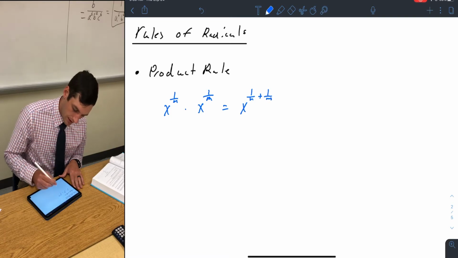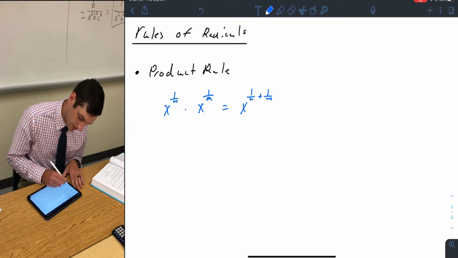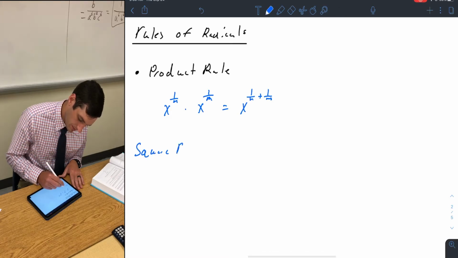Now, let's think about this as square roots. We'll just say square root, because most of what we'll deal with is square root.